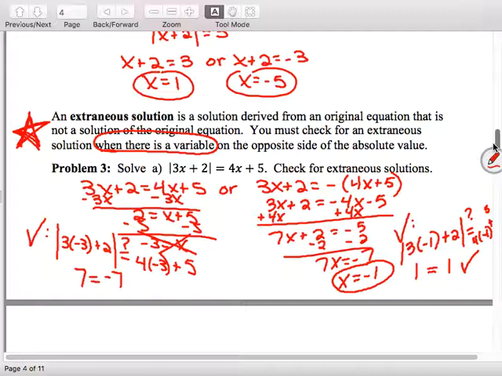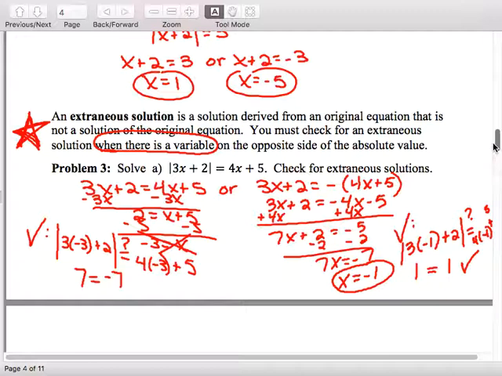Okay? Now, one of 3 situations can happen. Sometimes both of them work, and you have 2 answers. So a second case is like this one. One of them doesn't work, and one of them does work. The third case is, what if neither one of them works? Then it's no solution. It is no solution.